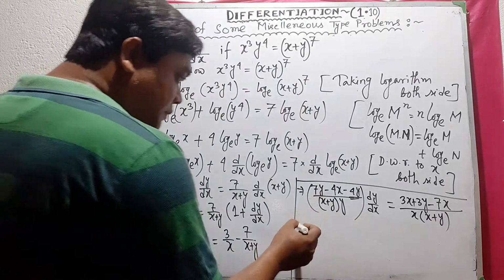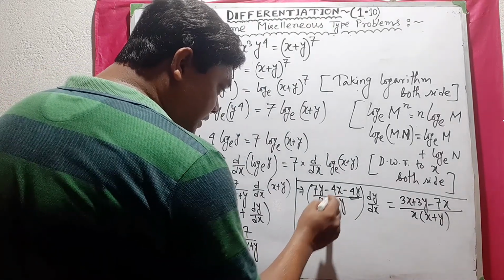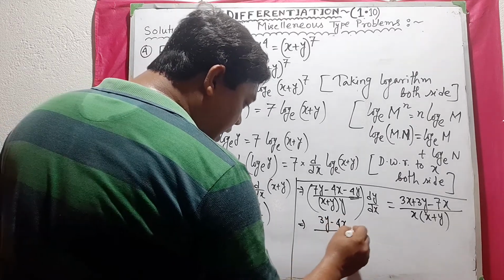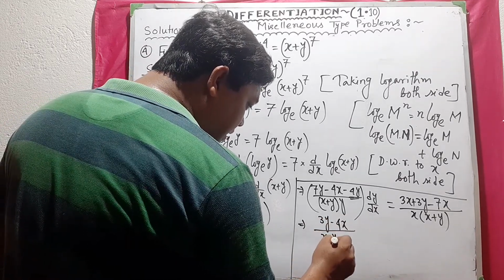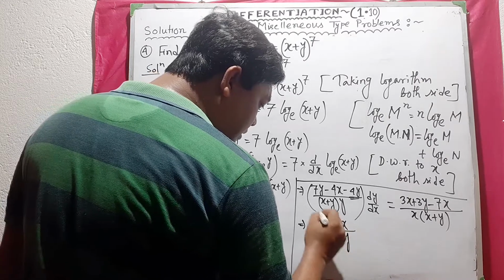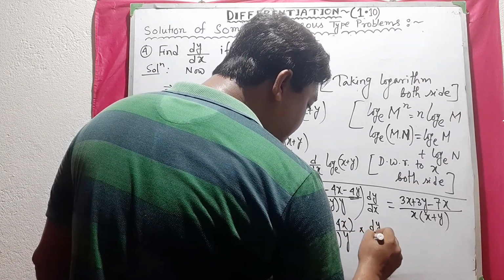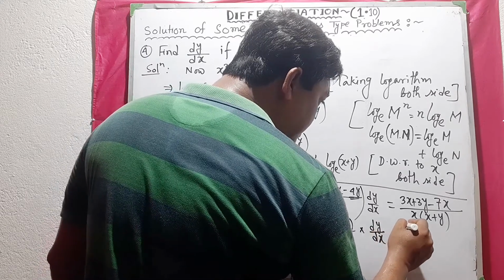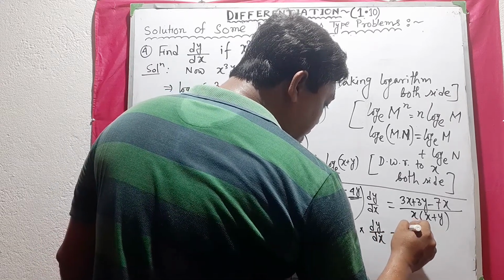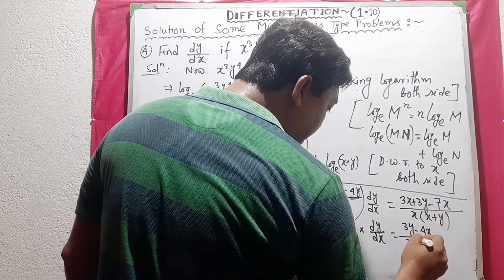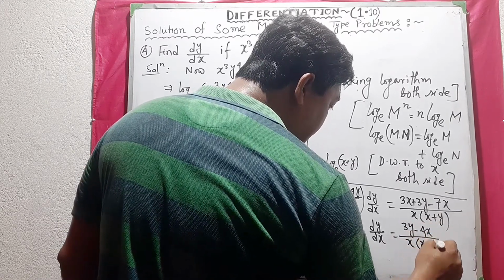The x plus y cancels, so that gives (3y minus 4x) by (x plus y) into y, into dy/dx, equals (3y minus 4x) by x into (x plus y).